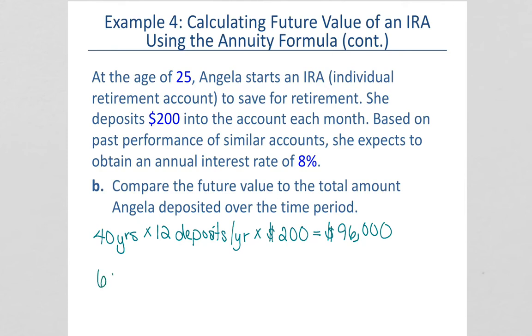So if we subtract that from the amount that we found in the previous example, or part A, then she has gained $602,201.57. That is awesome.